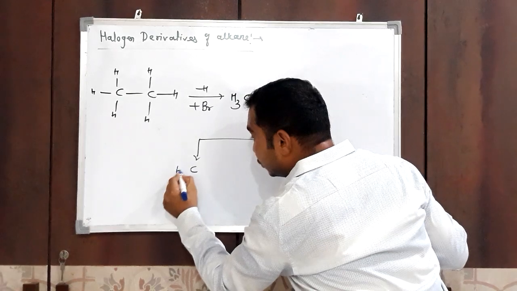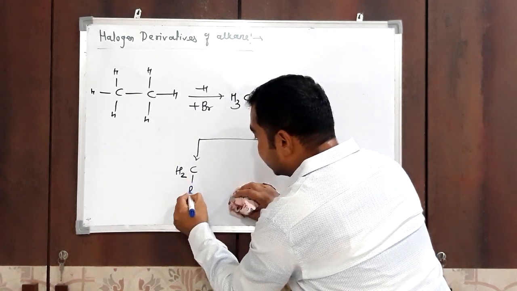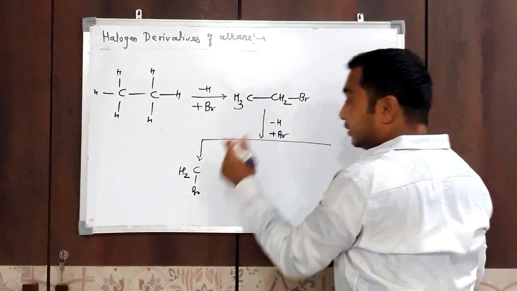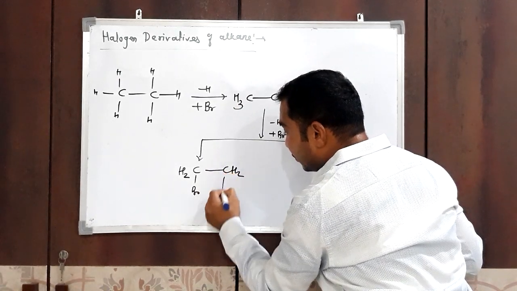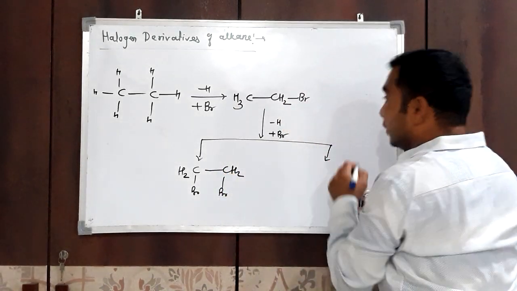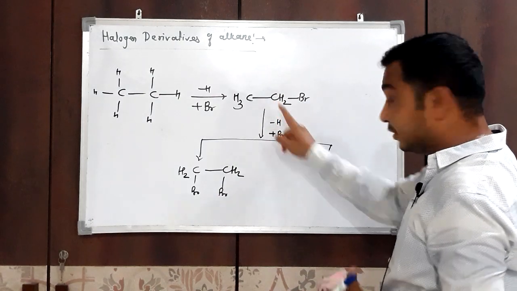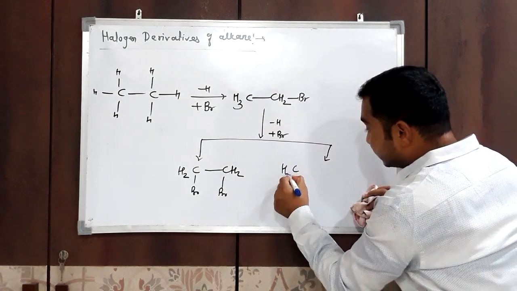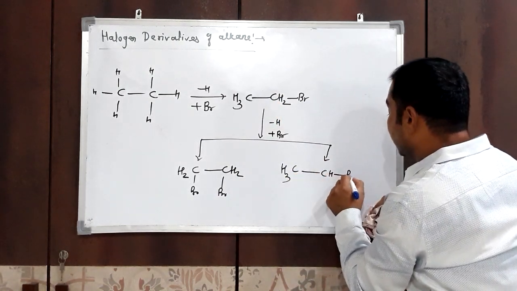So I will get two types. If I replace a hydrogen atom from this carbon, then this type of compound is obtained, and if I replace a hydrogen atom from this carbon atom, then I will get this type of compound.